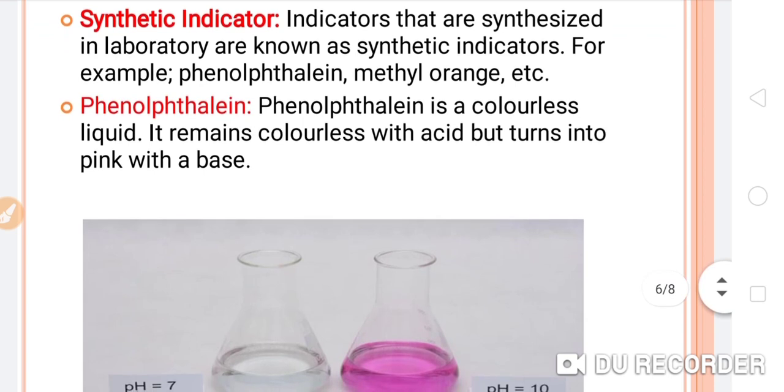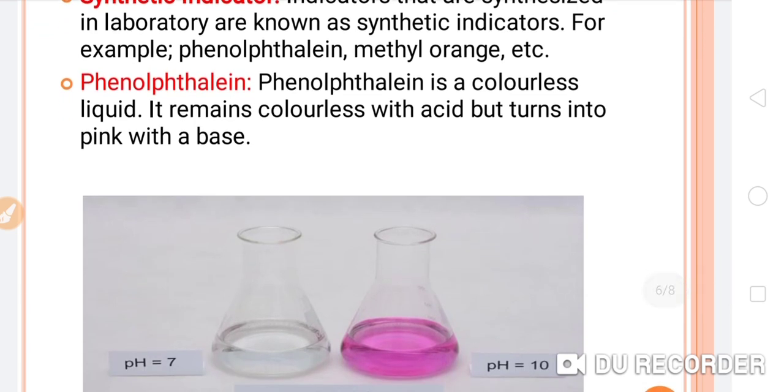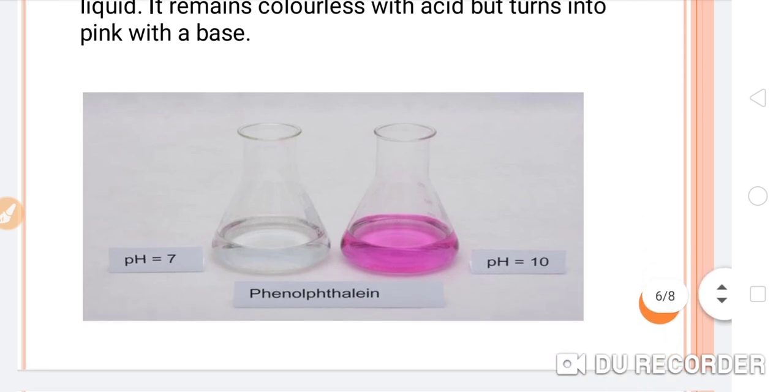So phenolphthalein. Phenolphthalein is a colorless liquid. If you form its solution, it will be a colorless liquid. It remains colorless with acid, but turns pink with the base. In this picture you can see the color difference with the acid and with the base.